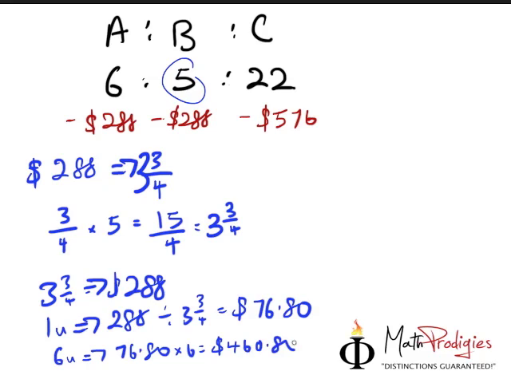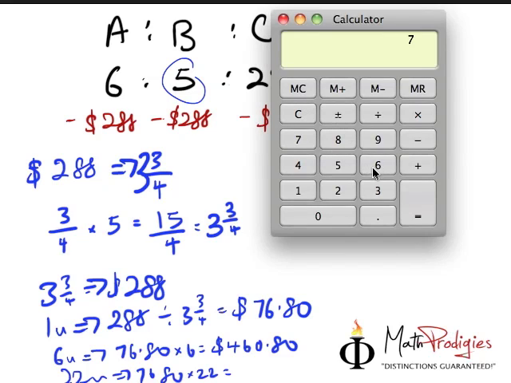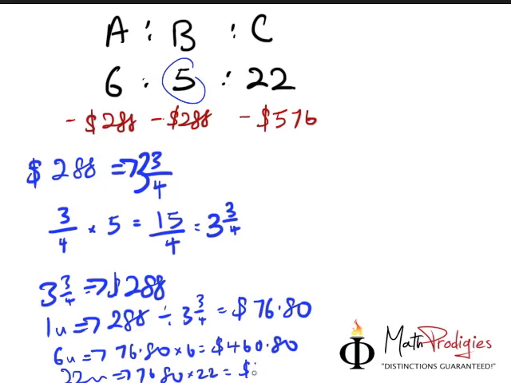And how much did C have at first? 22 units equals 76.80 times 22, which gives you 1689.60. A very rich person, huh? So that's how much A and C have. The answer is 460.8 and 1689.60. This is A and this is C.